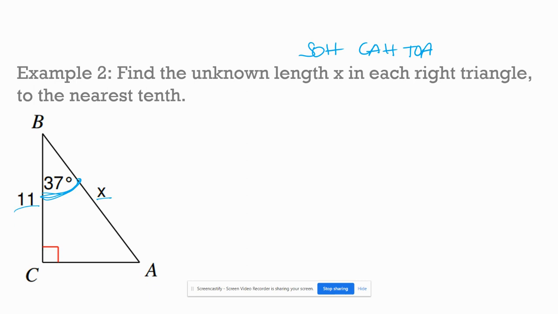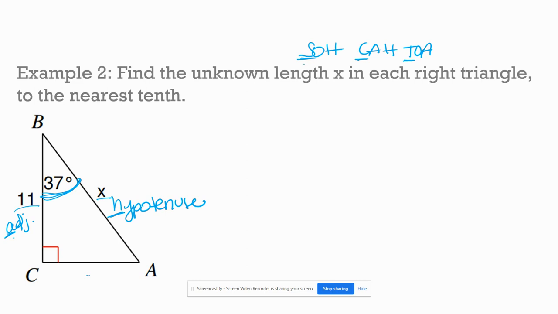So looking at this problem, I'm going to start with my x. My x is going to be my hypotenuse, right? And my 11 is not the opposite. This is opposite over here. It's going to be the adjacent. So then I ask myself, which trig function, sine, cosine, or tangent, is using adjacent and hypotenuse?